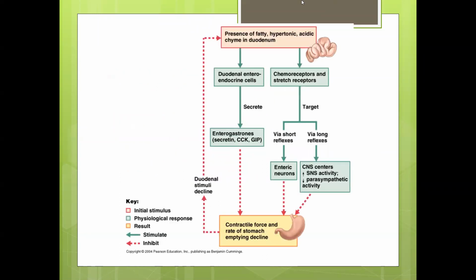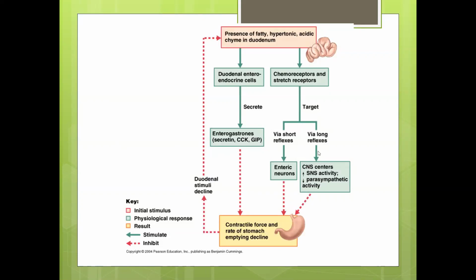All right, so here you can take a look at those inhibitory effects once things get into the duodenum. We get the duodenal stretch receptors and the chemoreceptors targeting the enteric neurons, increasing sympathetic nervous system activity to shut the sphincter and decreasing parasympathetic activity, because remember, sympathetic shuts down your digestive system.